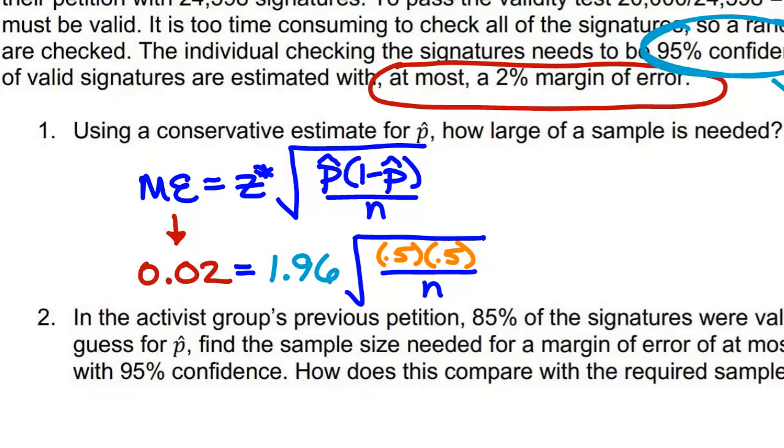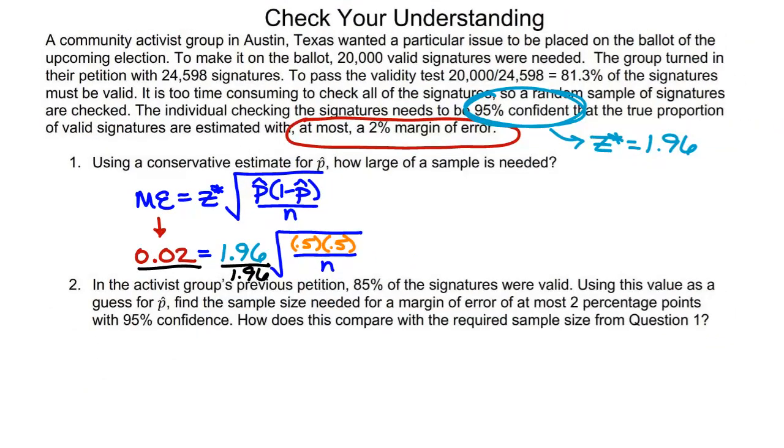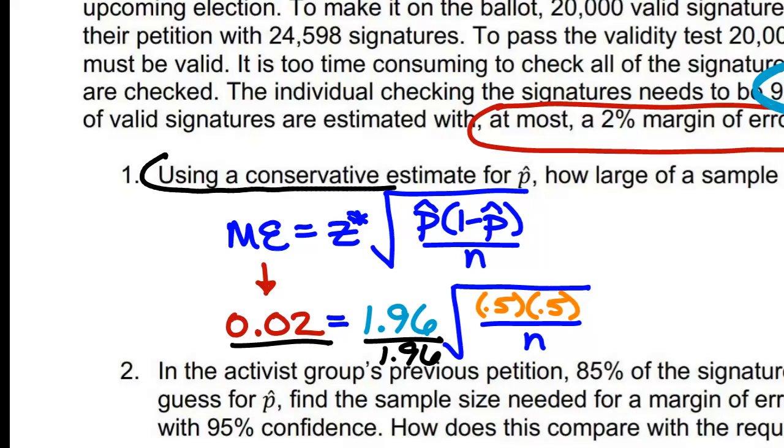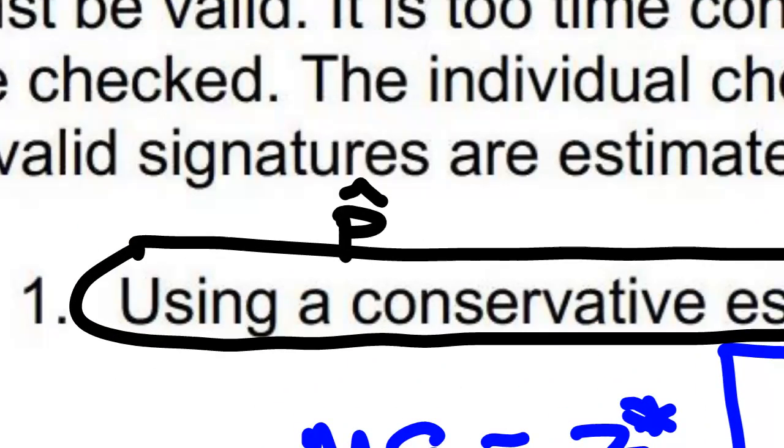So first thing I'm going to do is divide both sides by the 1.96. It said using a conservative estimate. When you don't know it, or when it says use a conservative estimate, we're going to use p hat of 0.5.